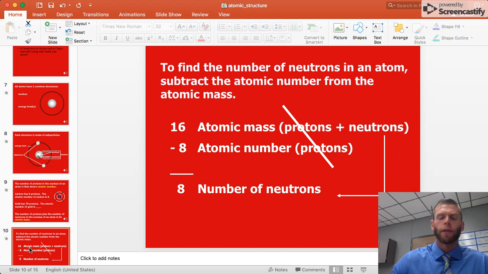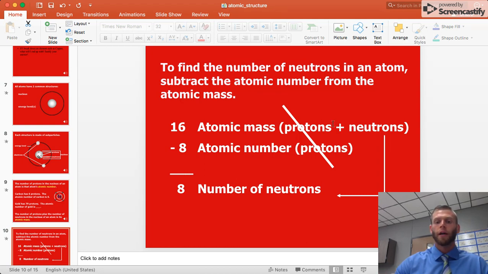All right, so then to find the number of neutrons in an atom, I have to subtract the atomic number from the atomic mass. So if my atomic mass, which is in the nucleus, all the mass is in the nucleus, is my protons, my positives, plus my neutrons, my neutrals, then I subtract out my atomic number because that gets rid of my protons.